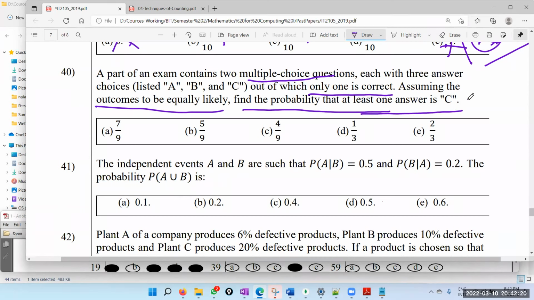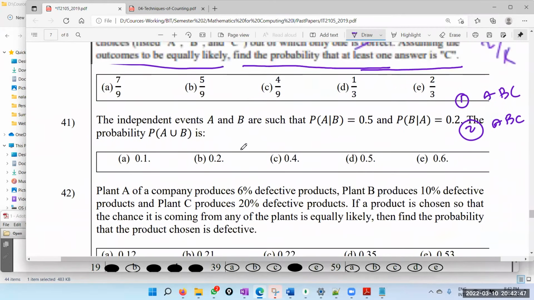What is that? Okay. Part of exam contains 2 multiple choice questions, right? Only 2 questions. So first question, second question. Okay. So there are 3 answers, A, B, C, A, B, C. So what is the probability that C become answer? Now you can do something like this.